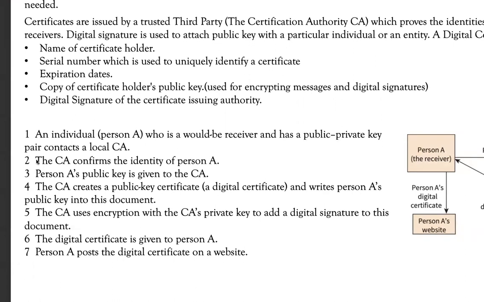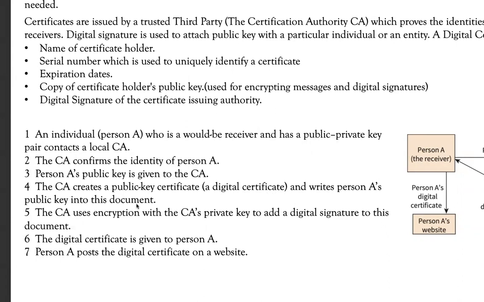So basically, individual A, who will be receiving the certificate, has a public private key pair and contacts the local certification authority. After confirming the identity of A, the certification authority takes person A's public key and creates a public key certificate. This is known as the digital certificate, and it writes person A's public key into this document. So that's basically the digital certificate.